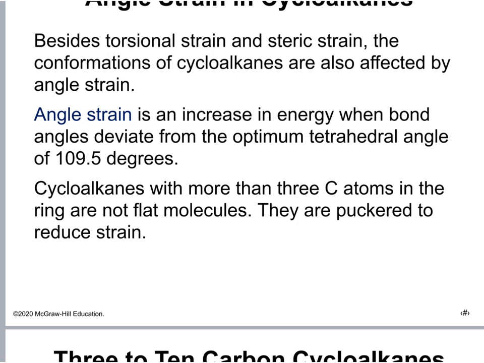Okay, so now let's move on to angle strain in cycloalkanes. Angle strain is an increase in energy when the bond deviates from 109.5 degrees. We talked about that with cyclopropane and cyclobutane. So now we're talking about cycloalkanes.